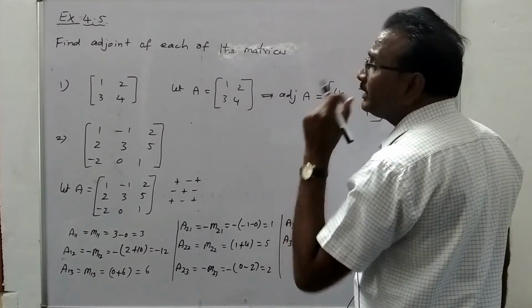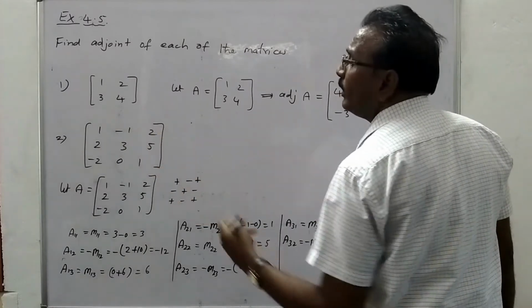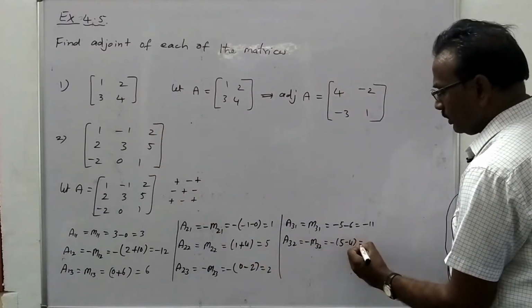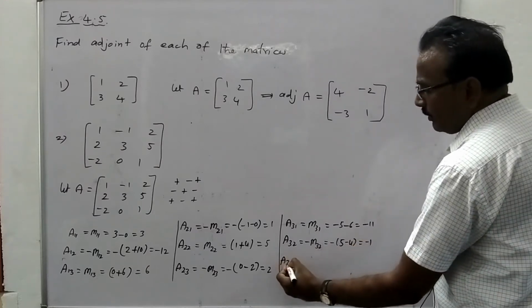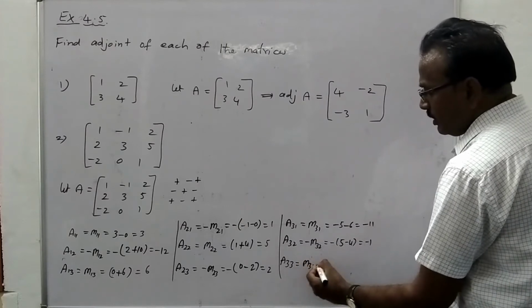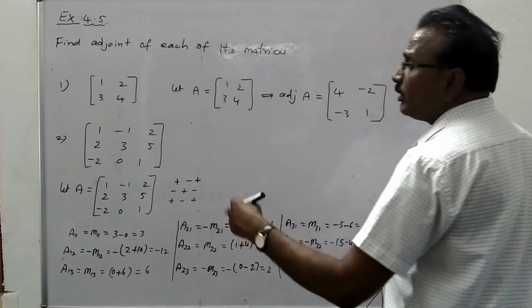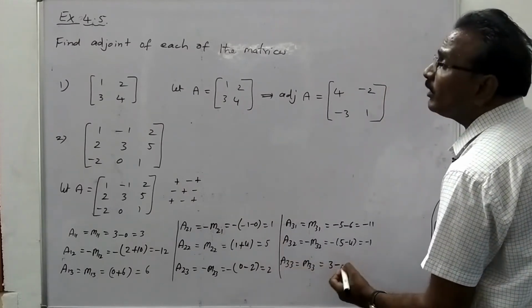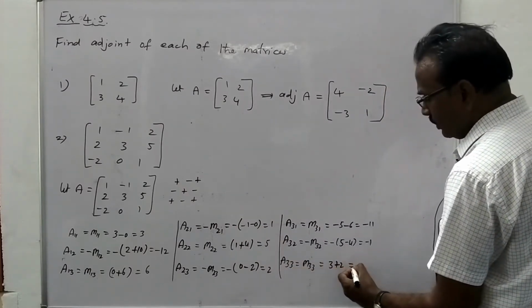Delete the third row second column, determinant of 1 2 2 5, 5 minus 4, that is minus 1. A33: the sign is plus, capital M33 is obtained by deleting the third row and third column, so 1 3s are 3, minus of minus 2, that is plus 2, the value is 5.